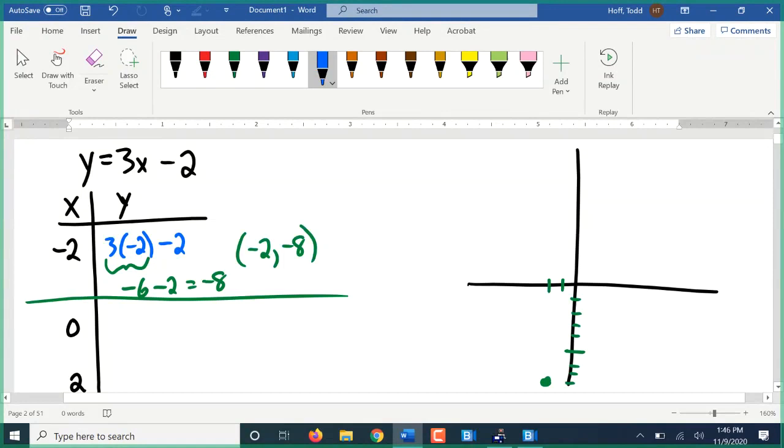Next, if x is 0, well then y is 3x minus 2, so 3 times 0 minus 2. Well, 3 times 0 is 0. Minus 2 is -2. Giving us the ordered pair when x is 0, y is -2. So 0, -2 is about there.